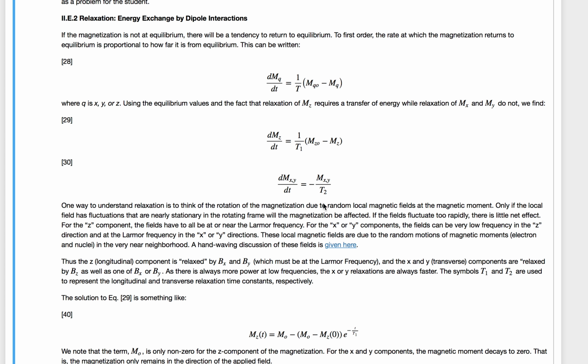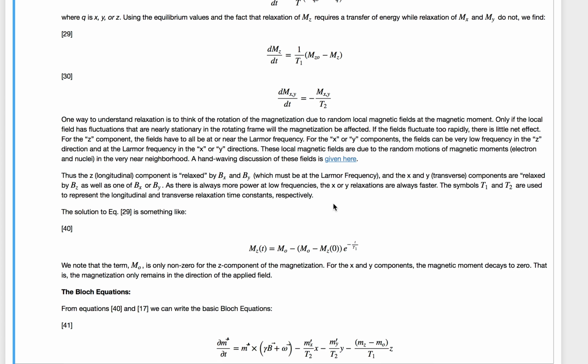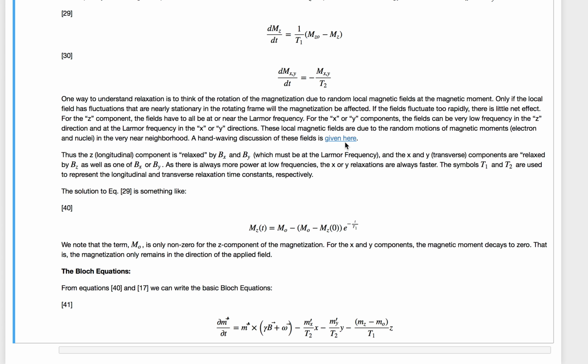And the transverse component, which I write as M_x or y, relaxes with time constant T2. Now, we'll talk more about that, because in fact there are several processes that enter into T2, which means that T2 is somewhat shorter, at least, than T1.